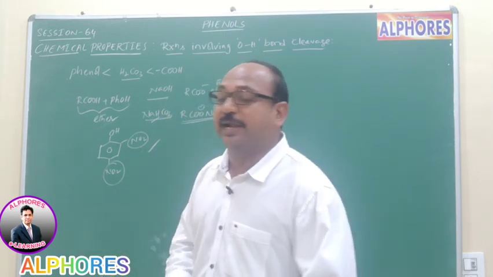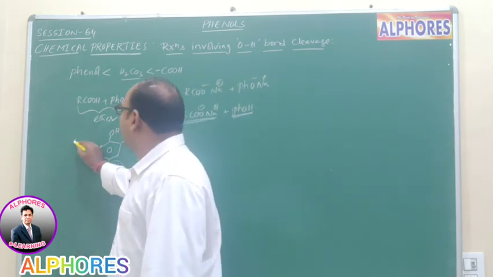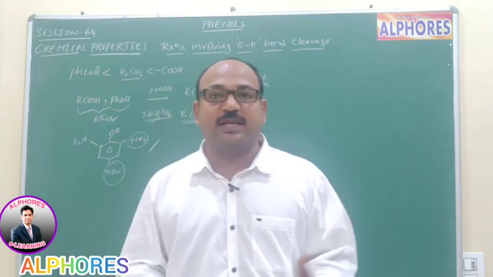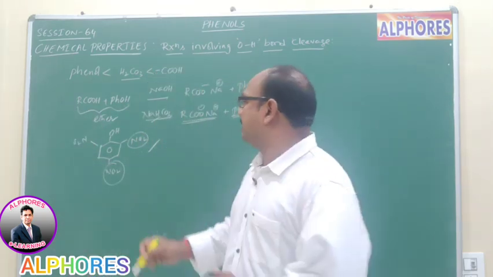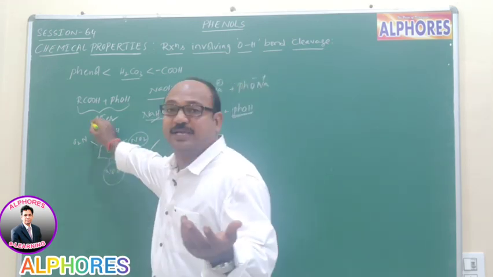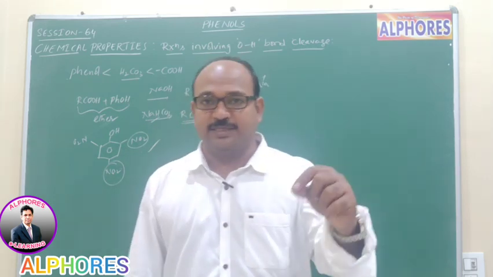Not only 2,4-dinitro but also 2,4,6-trinitrophenol. With an increase in the number of nitro groups, the acidic nature of phenols increases because of the electron withdrawing nitro groups, and whenever the acidic nature of phenols increases, the tendency to react with sodium bicarbonate also increases.